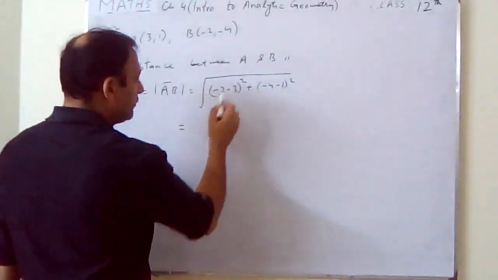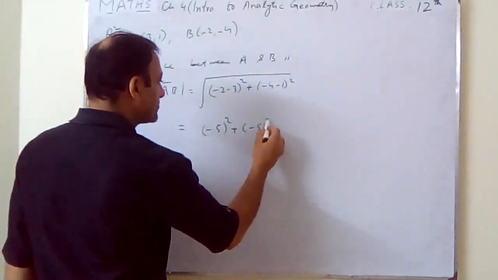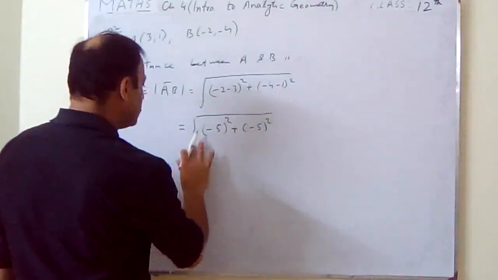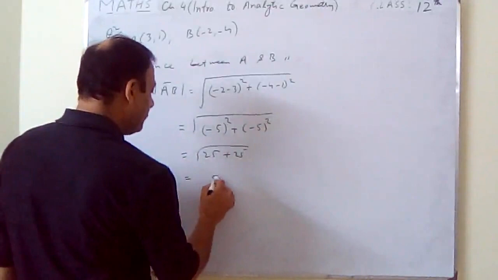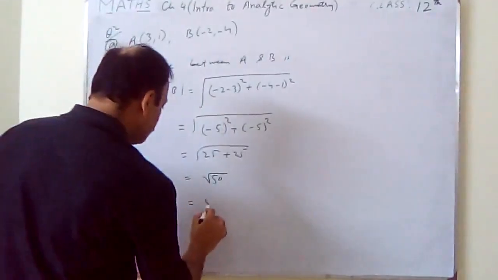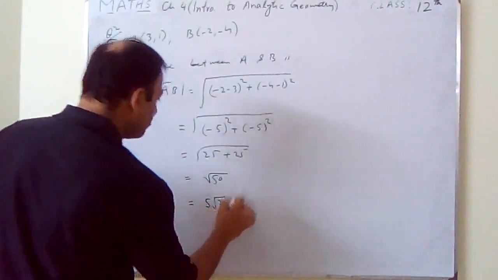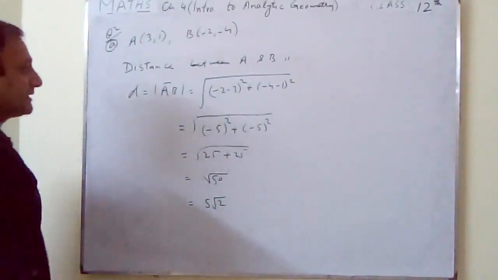So it is (-5) whole square plus (-5) whole square, so it is 25 plus 25, that is 50. So it is 5 times the square root of 2. So this is the distance.